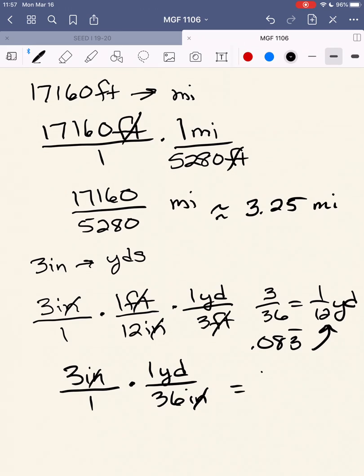I still have my 3/36, which is still my 1/12 of a yard. So it works both ways, but be aware that later on, when we're converting between units, we're going to need to do 3 different things. So this is the English system. I'll create another video for the metric system and a separate one for converting back and forth.